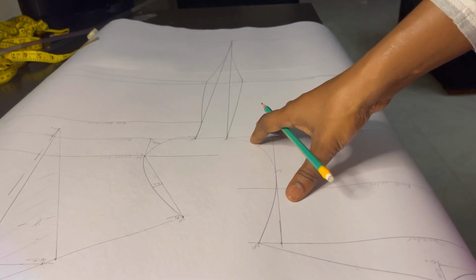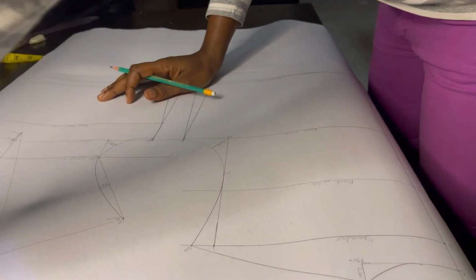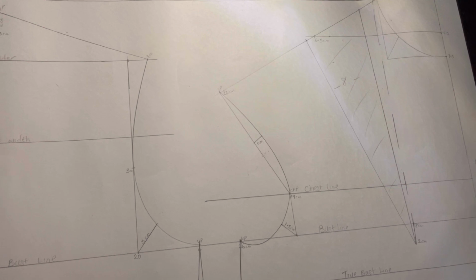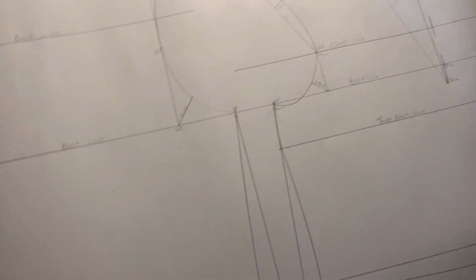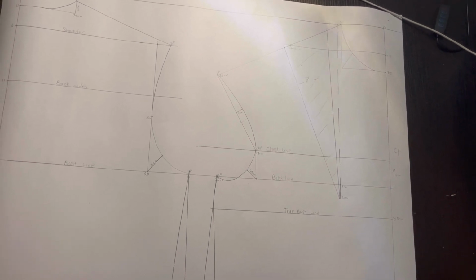This is our basic block without shaping. We just do the natural waist shaping.